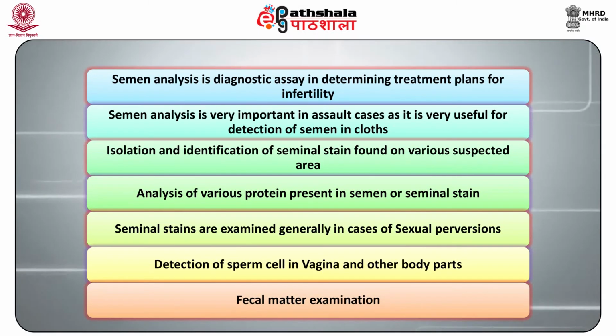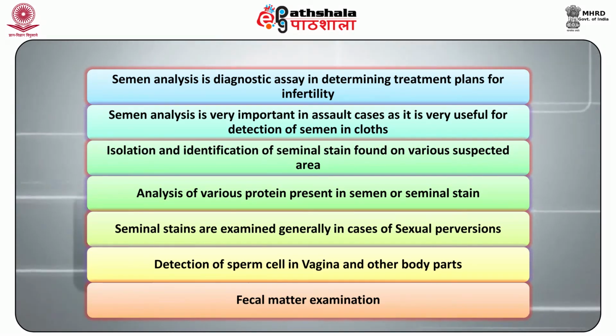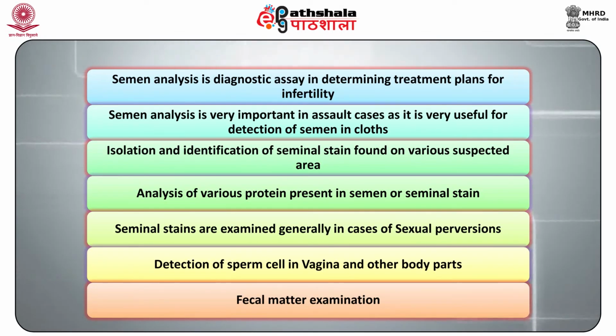The seminal stain is examined generally in rape cases, sodomy, bestiality, buccal coitus and cases of sexual perversions, and for detection of sperm cells in the vagina and other body parts, and fecal matter examination.